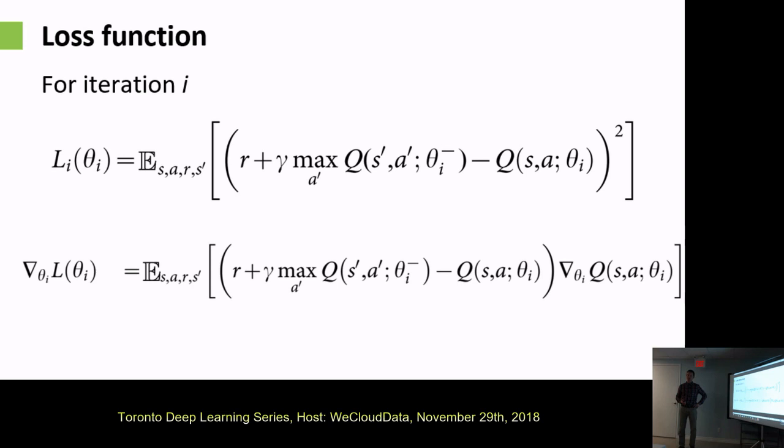So you have theta bar now? Yeah. So your S prime and A prime are your next step, right? Mm-hmm. And then S and A are your current or previous step. And I'm trying to see, so both are neural net approximations?